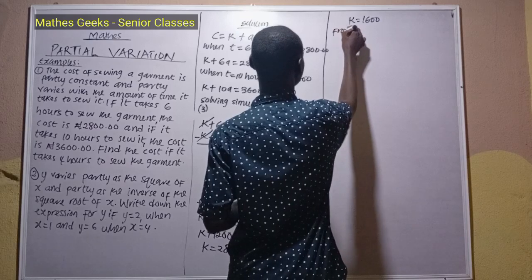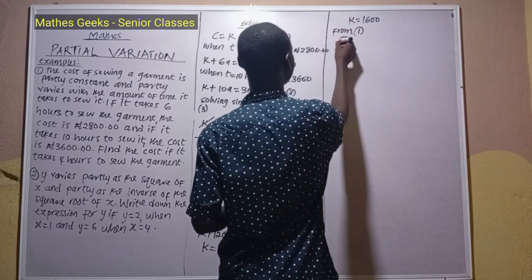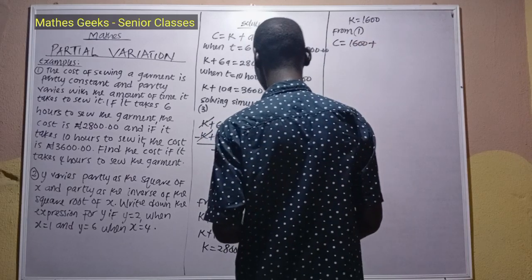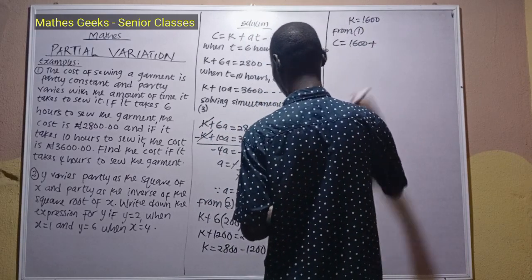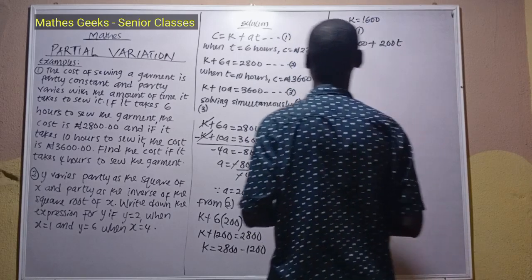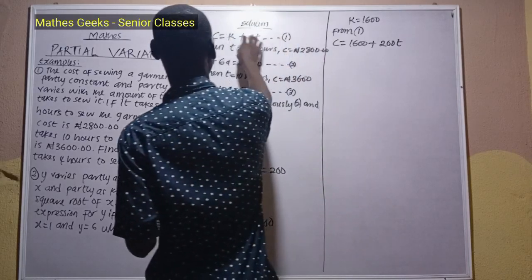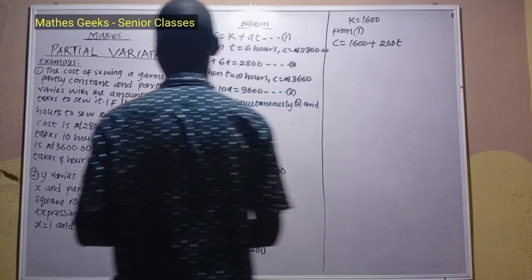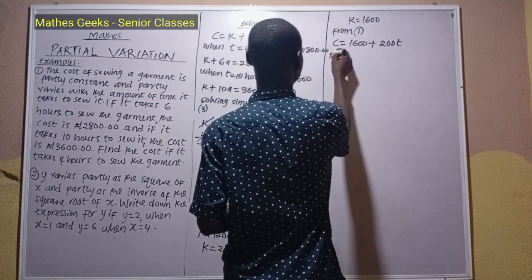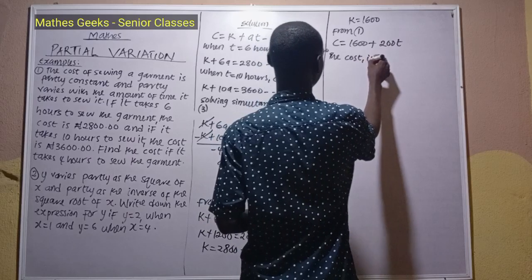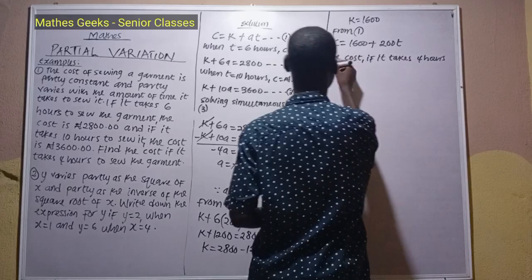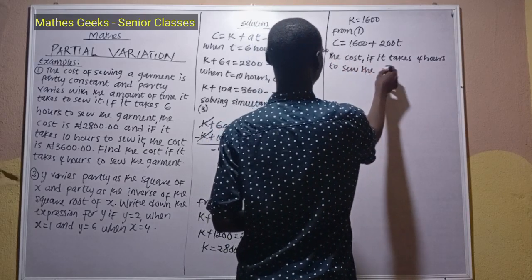So from equation 1, c is equal to k plus at, which is 1,600 plus 200t. So this is the formula connecting t and c together. The question may say, find the cost if it takes 4 hours to sew your garment.